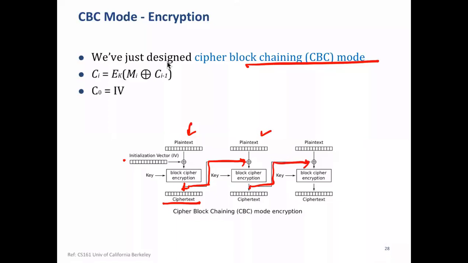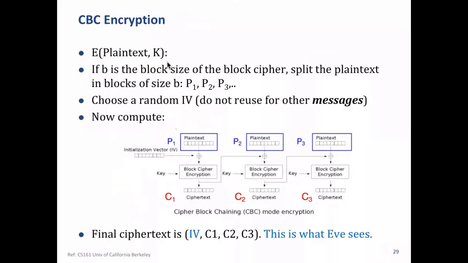So this is called C0, which is the IV. Now we have C1, for example, which is the exclusive OR of M1 and C0, and then use the key to get the output here. So it's explained here.